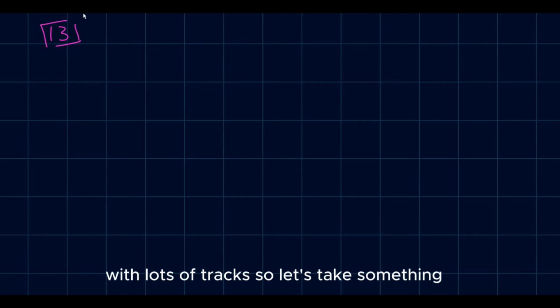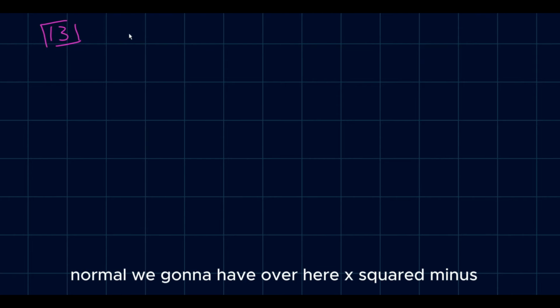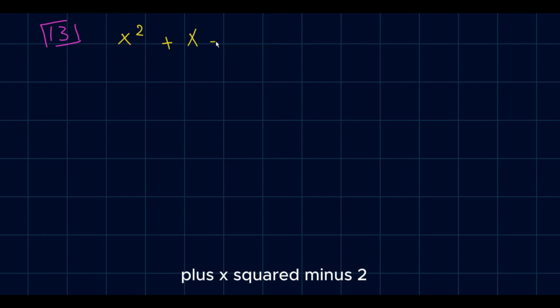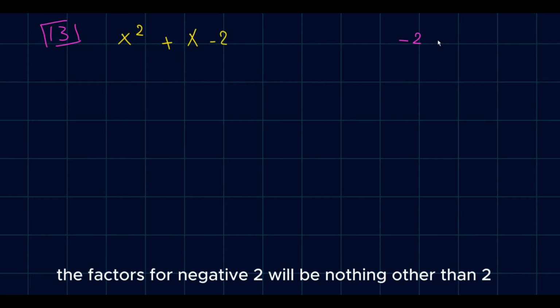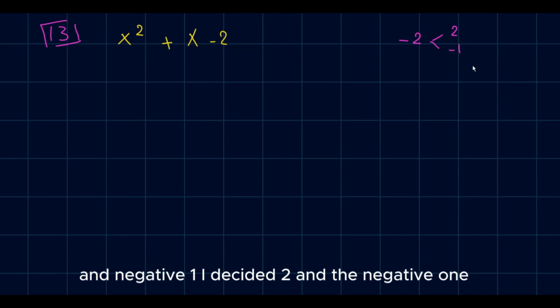Now let's slow down a little bit. We talk a lot of advanced questions with lots of tricks, so let's take something normal. We're going to have x squared plus x minus 2. The factors for negative 2 will be nothing other than 2 and negative 1.